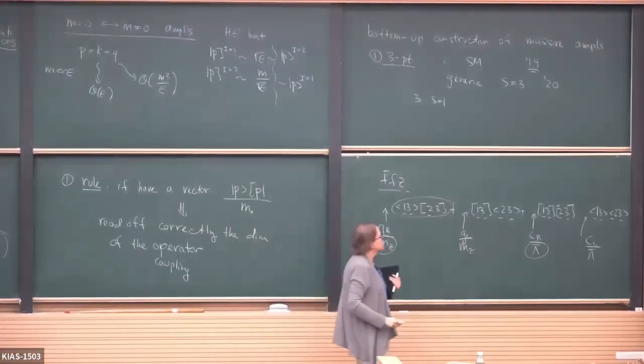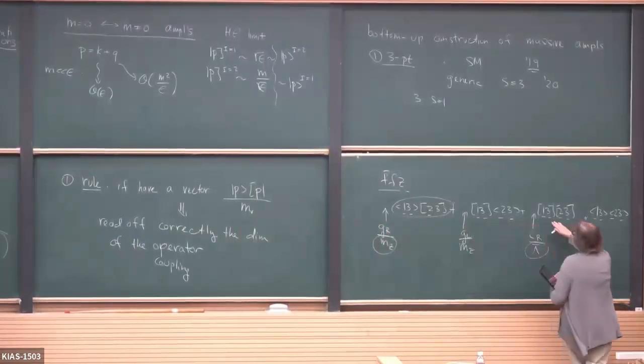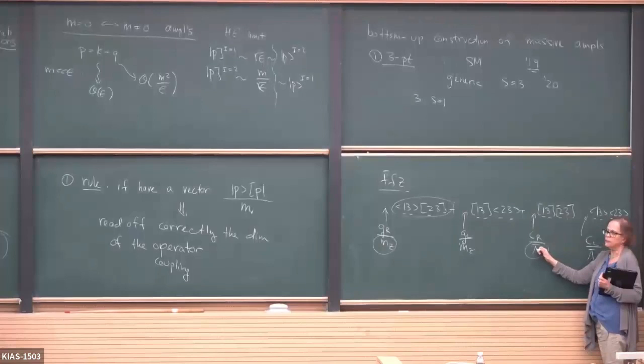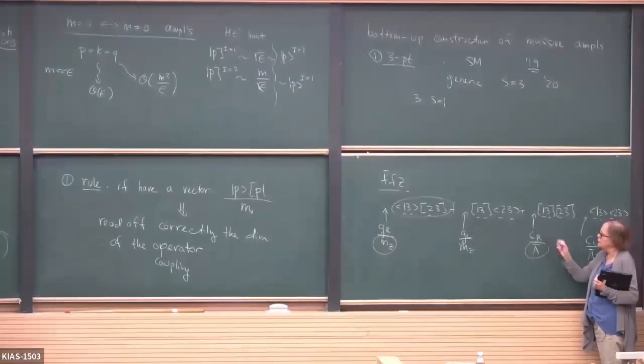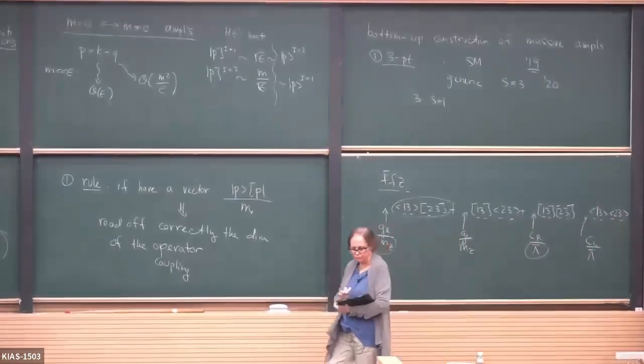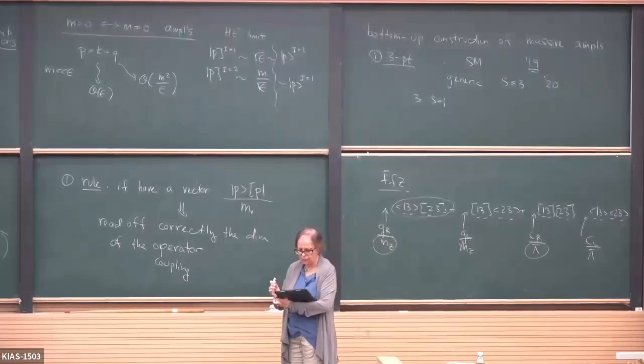Okay? Now, on the other hand, for this one, the 3 appears with 2 squares, so I'm not putting down any M. That means that I have to have some other scale here, lambda, which is my EFT scale or the cutoff scale, and this is a dimensionless coefficient. Okay, so that's going to be the rule.